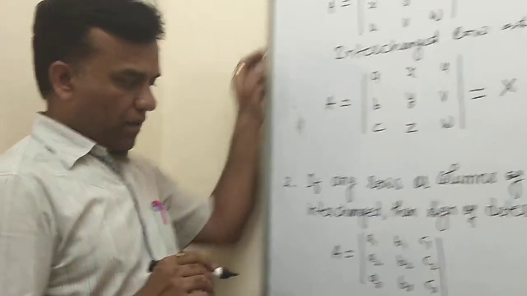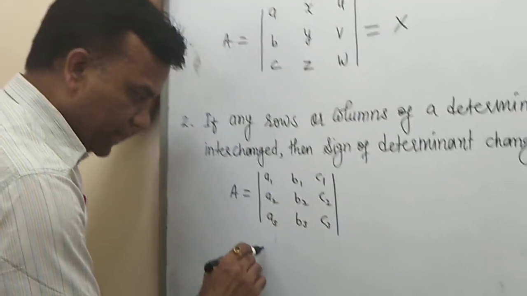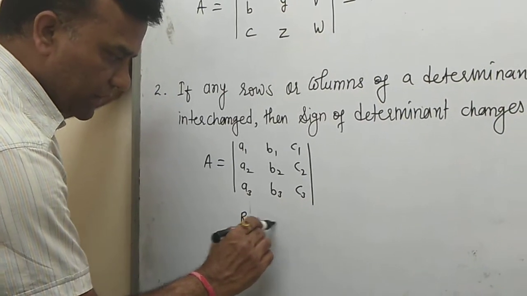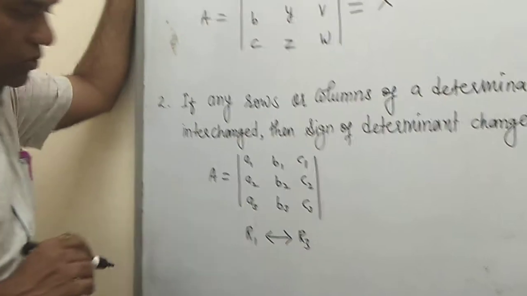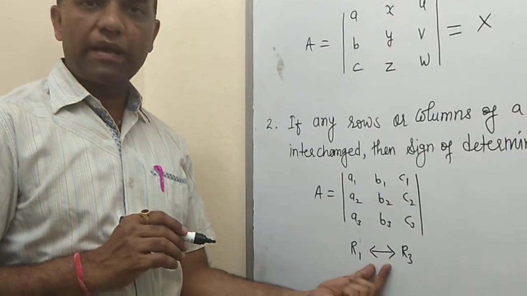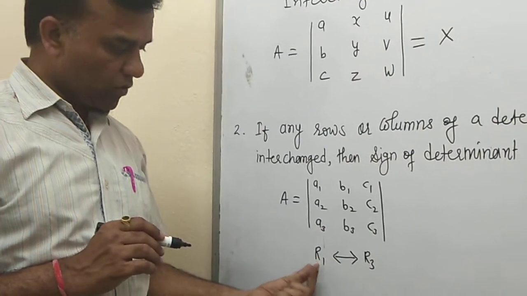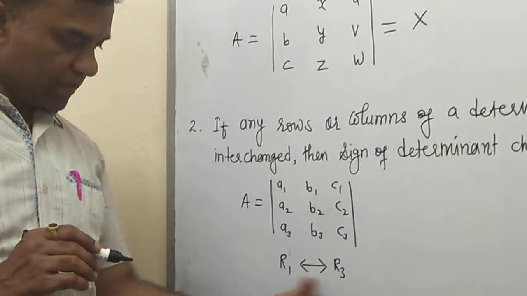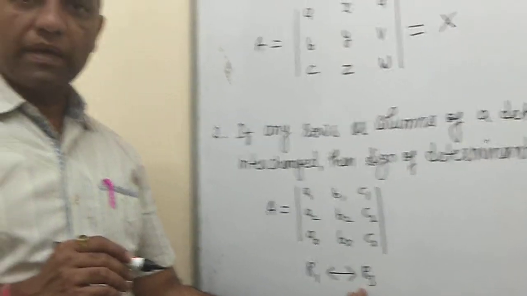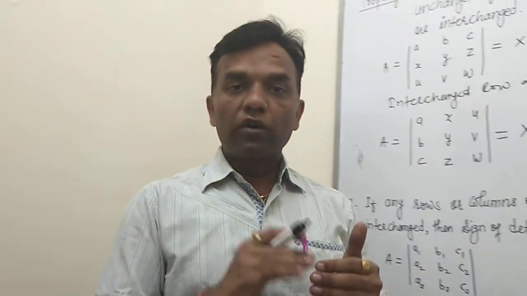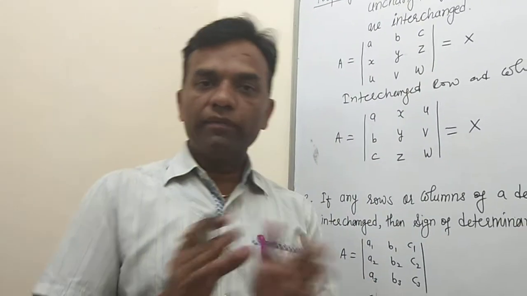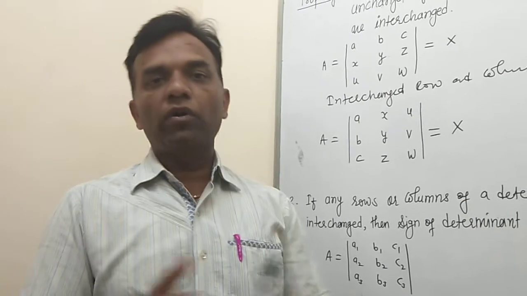Now here we interchange R1 with R3. You use the interchange sign, an arrow on both sides. If you want to change row with row, you use this symbol, R1 interchange R3, and that is the compulsory part. You change only row with row and column with column, not row with column.